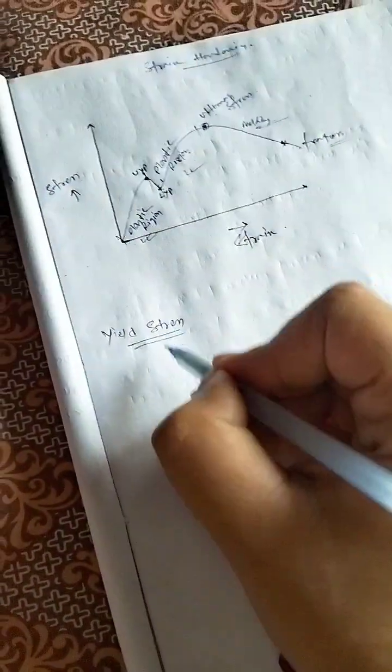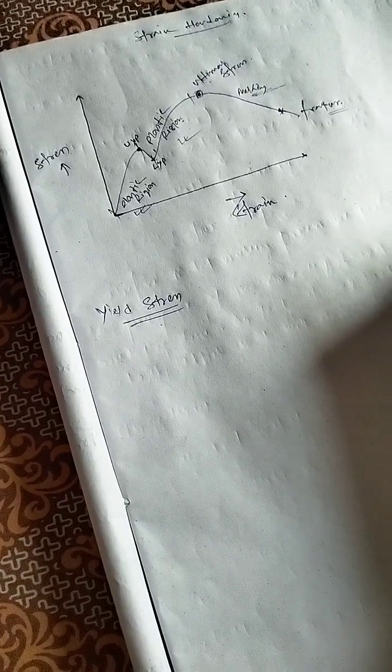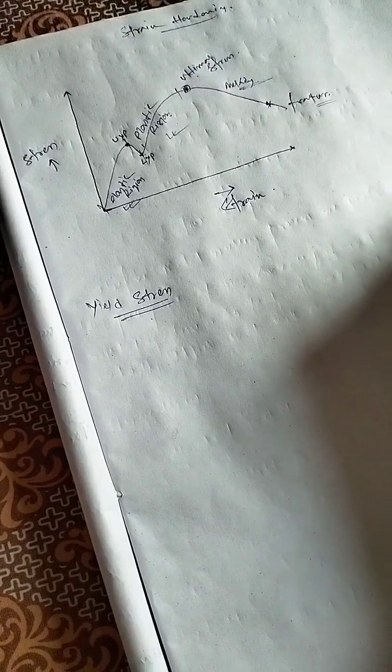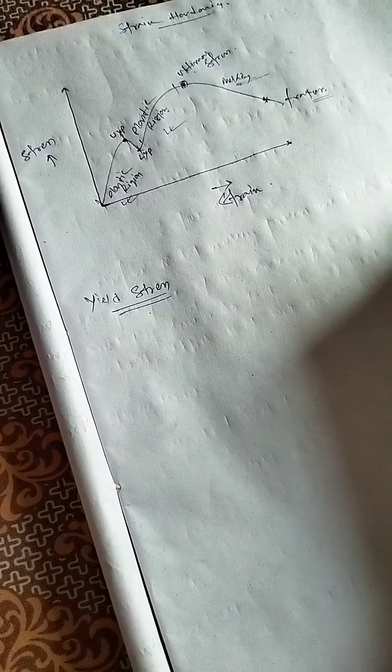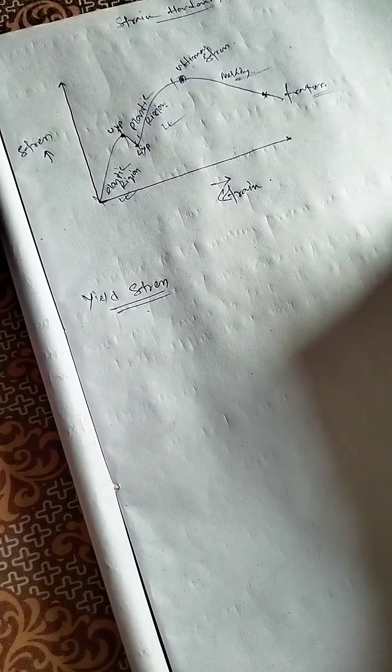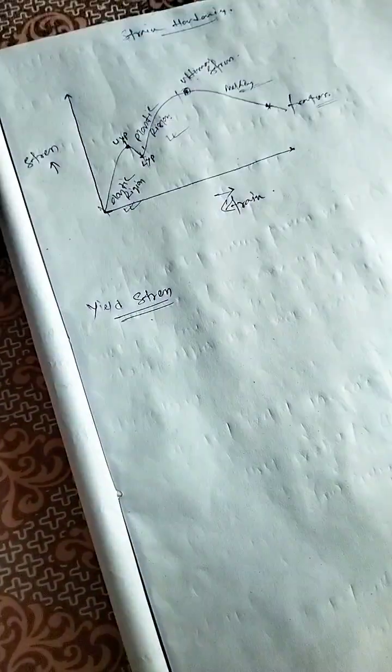So it is basically the yield stress. It is the minimum stress which is required for a particular metal. When that minimum stress is crossed, the metal's properties change, like elastic to plastic.